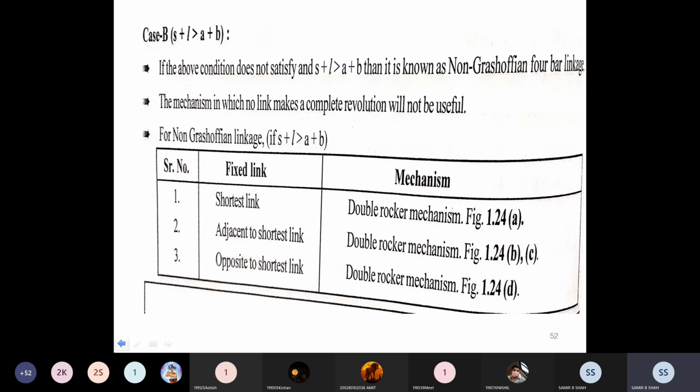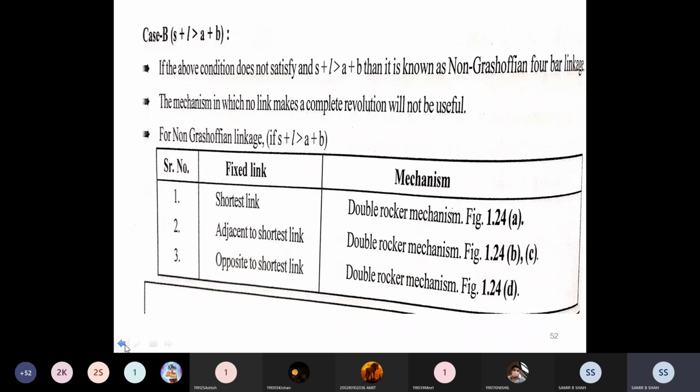Okay, so at that time, no link makes a complete revolution. So we do not get any kind of double crank or crank mechanism. At that time we get only a rocker mechanism. When the sum of the shortest and longest link is higher than the remaining two links, complete revolution is definitely not possible.